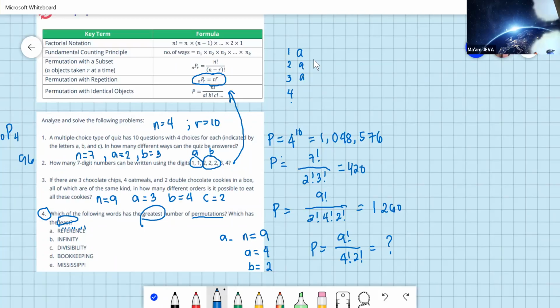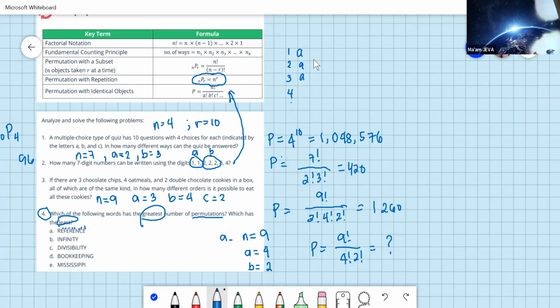Check your understanding, page 25. This number 4 is your practice for identical objects.